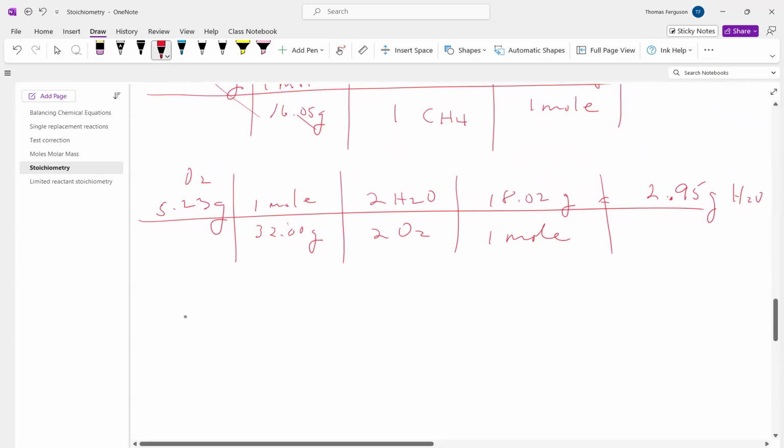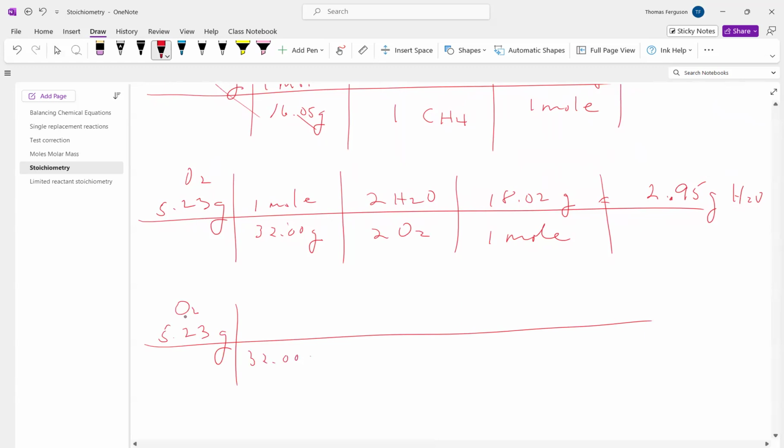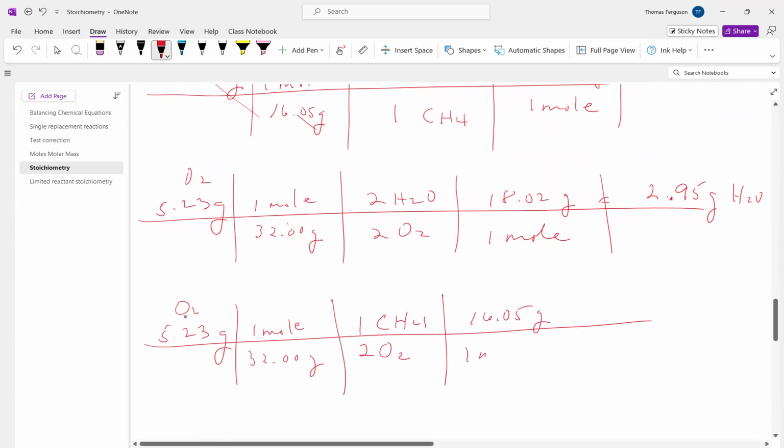Okay, so we're starting with oxygen, and then we're going to calculate how much methane is used. So we've used 1.31 grams of the methane.